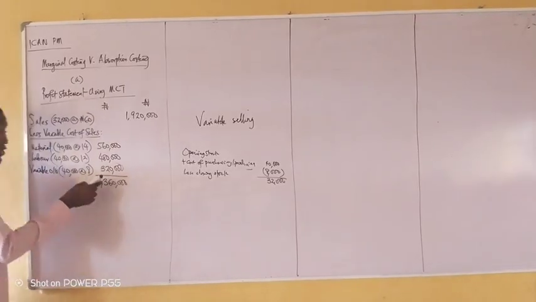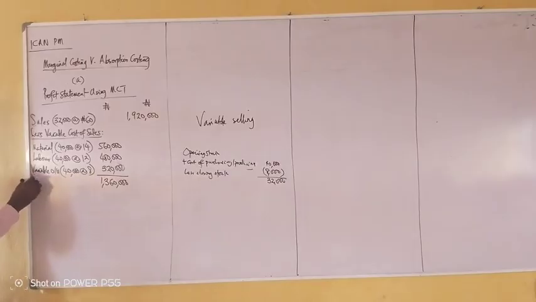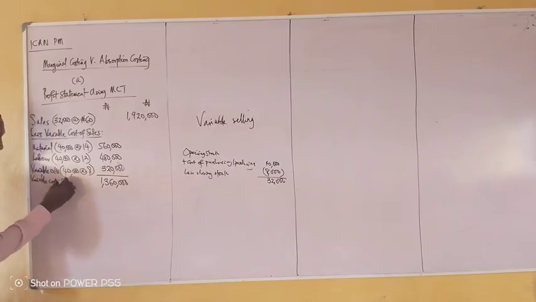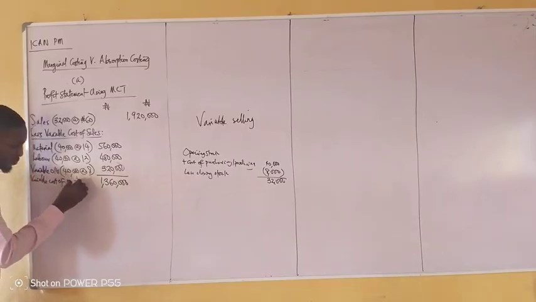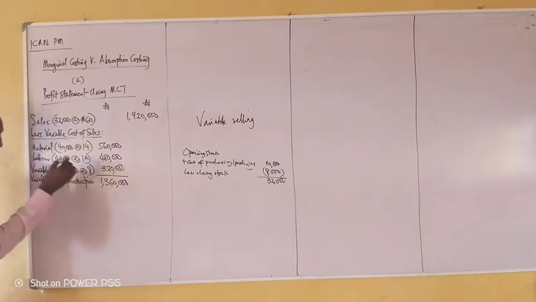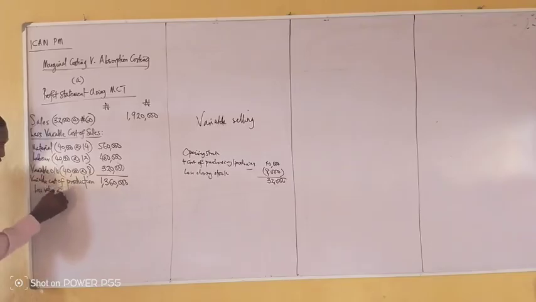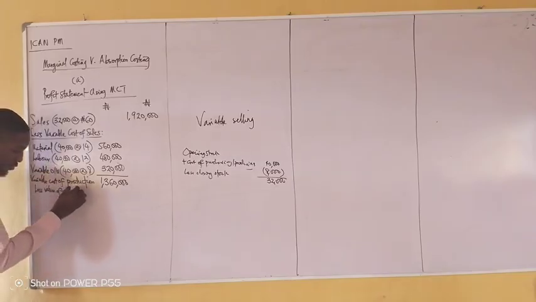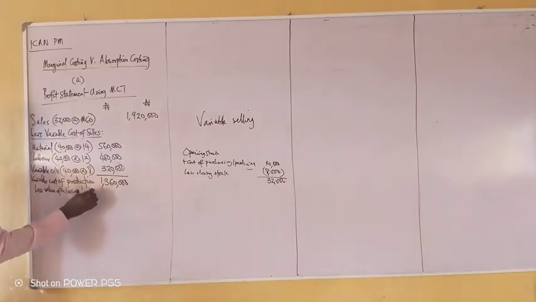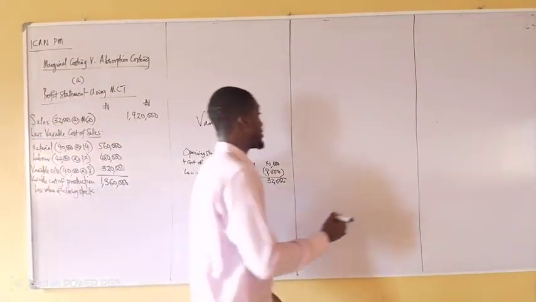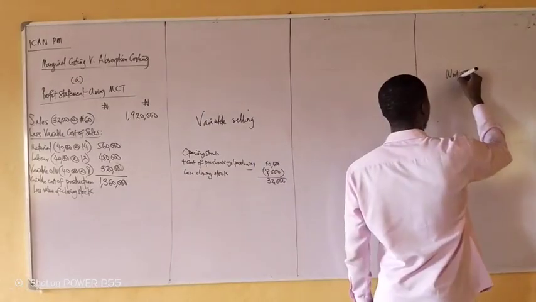Now to show the examiner you know what this is, this is the variable cost of production, not sales. To get the variable cost of sales, we less the value of closing stock. And the value of closing stock, we'll just do in our workings.